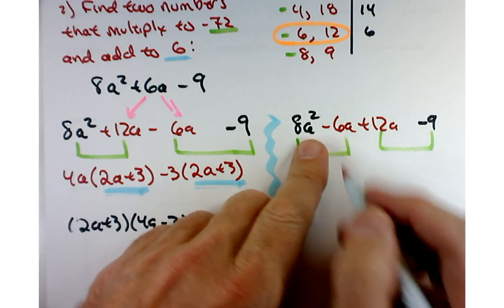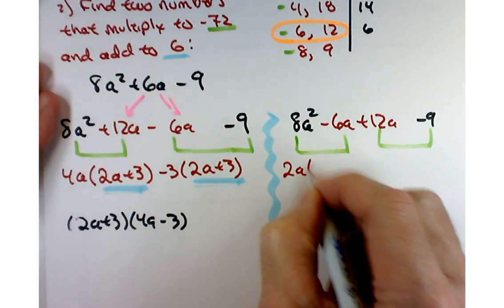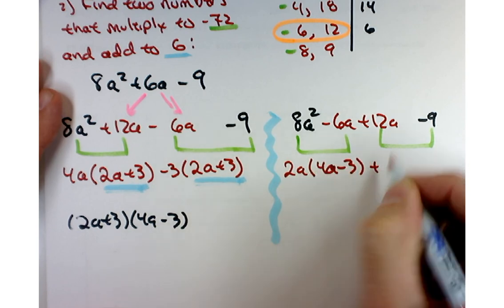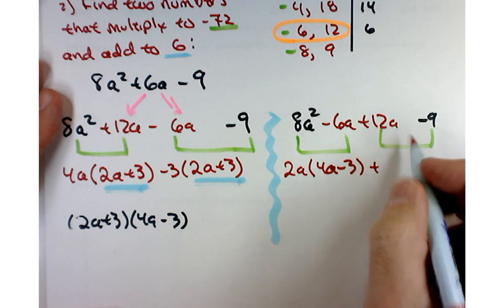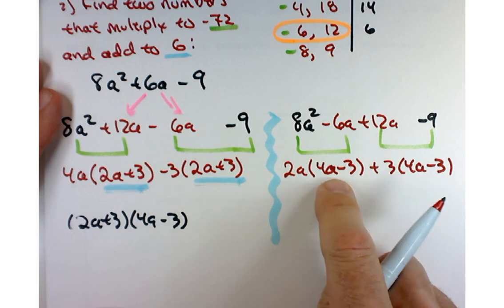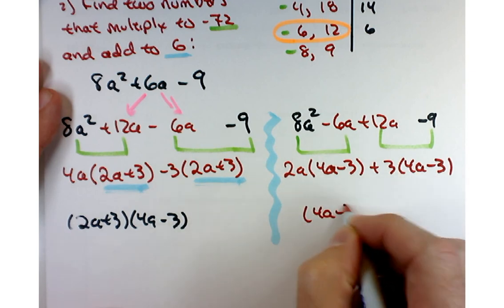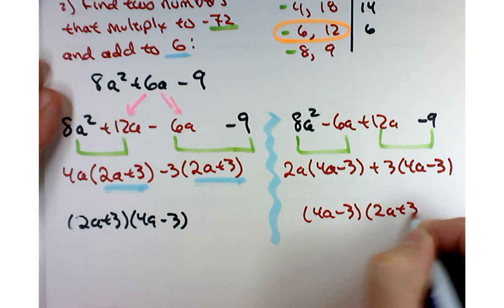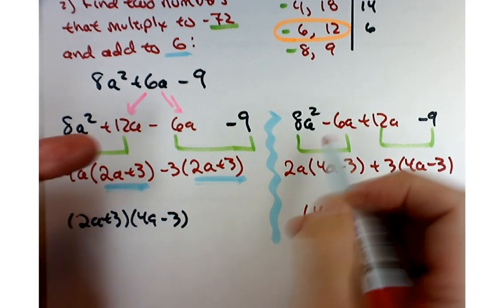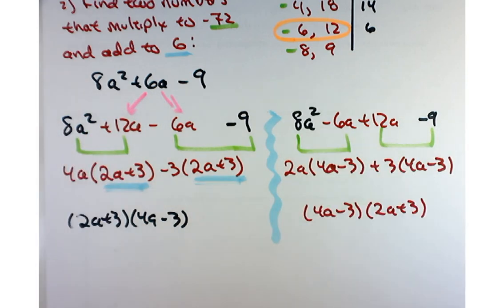The GCF here is a 2a, which leaves behind 4a minus 3. Here I can factor out a 3, which leaves behind 4a minus 3. And now 4a minus 3 is my GCF, and it leaves behind 2a plus 3. So you don't have to fret about which way you put it in. Both ways work out fine. Multiplication is commutative, so if you do it this way or this way, you get the same product. So nice.